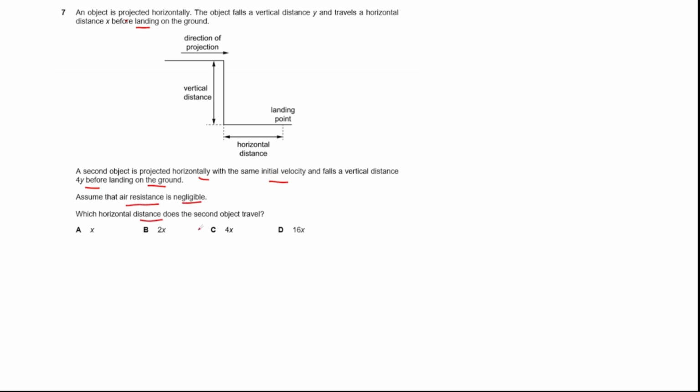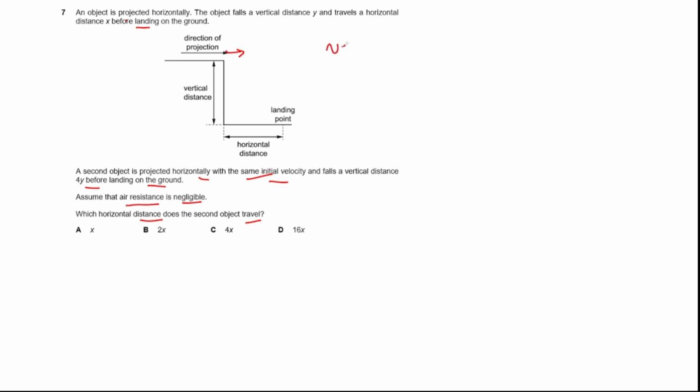Which horizontal distance does the second object travel? So here let's consider the object. It has a vertical distance and a horizontal distance, which means the object has a horizontal initial velocity, and for the vertical motion it starts from rest. The initial velocity is the same for both. In the vertical direction, only acceleration is involved.